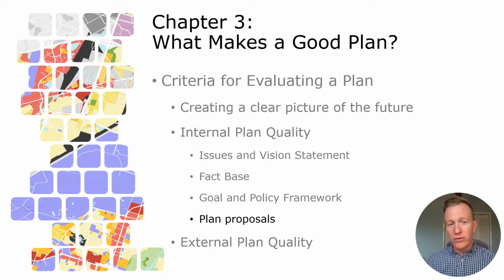Usually that's reviewed by your planning commission and your city council. And then your housing element implementation report is also due on April 1st to the state Housing and Community Development Department.